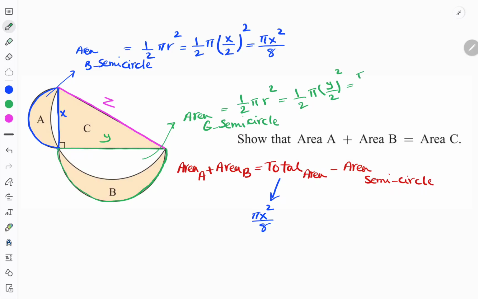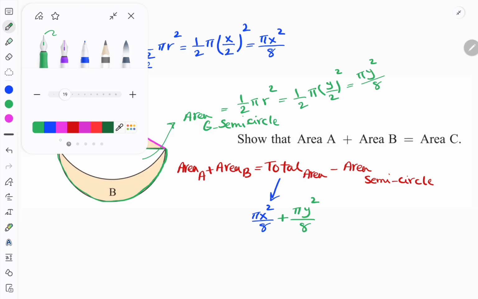And I'm gonna simplify this to P Y squared over 8. So plus area of green semicircle is P Y squared over 8. And then so we have this semicircle, and for finding the total area we need the area of this triangle, which is called C. So we don't need to find it.